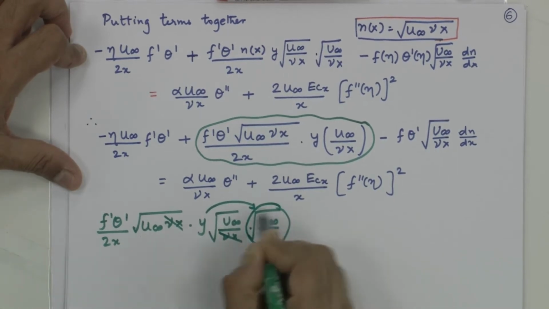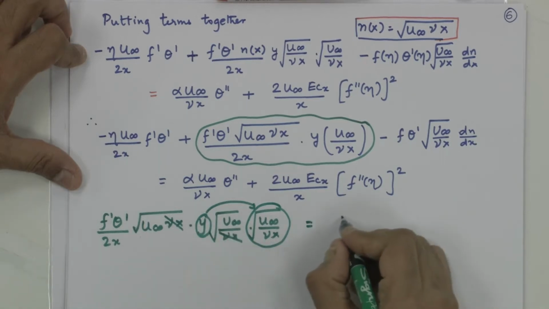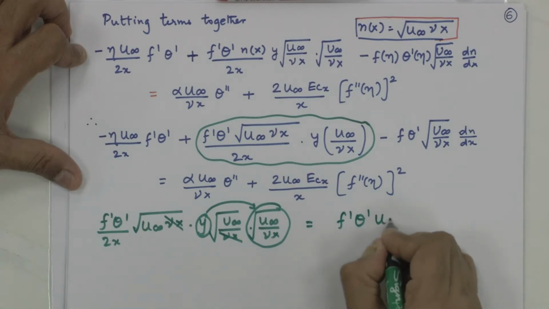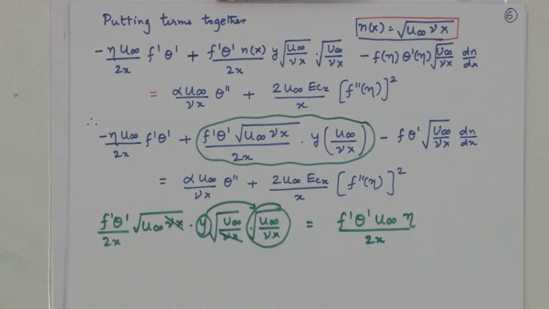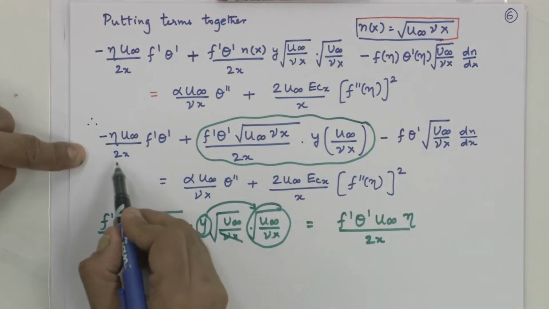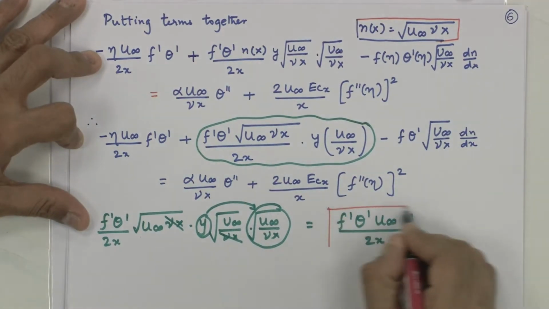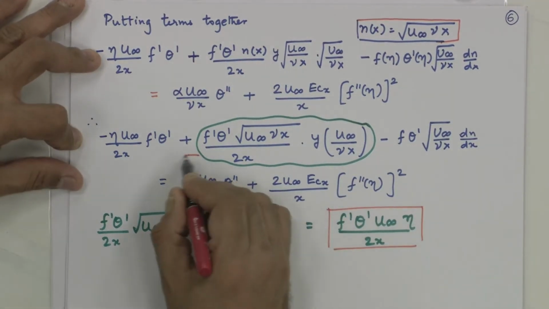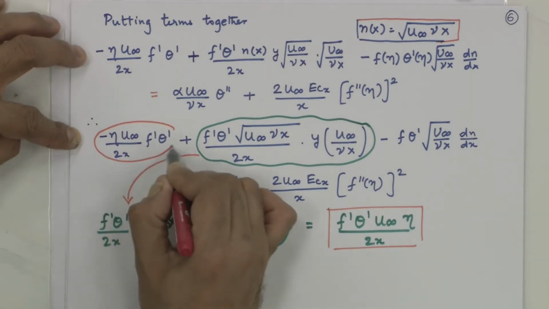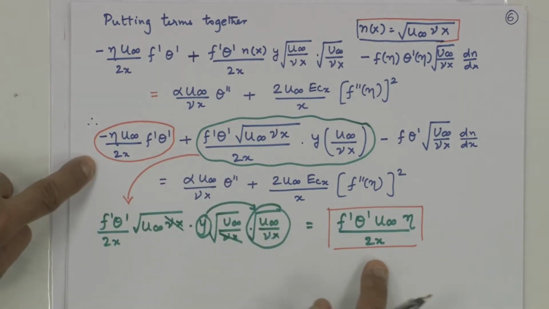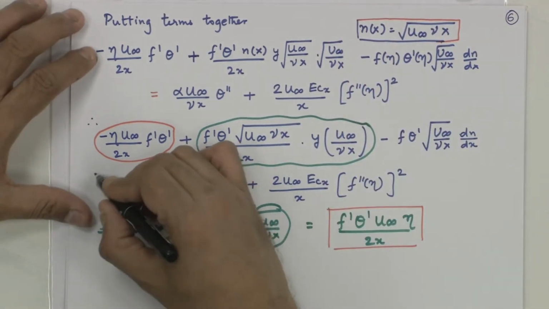This pair is nothing but eta, and this u infinity with this u infinity will become f prime θ prime u infinity eta over 2x. What is left on this side? F prime θ prime. So let us look at this. This is the term. This on u dθ/dx was exactly the same term with a minus sign. So these two will cancel off.